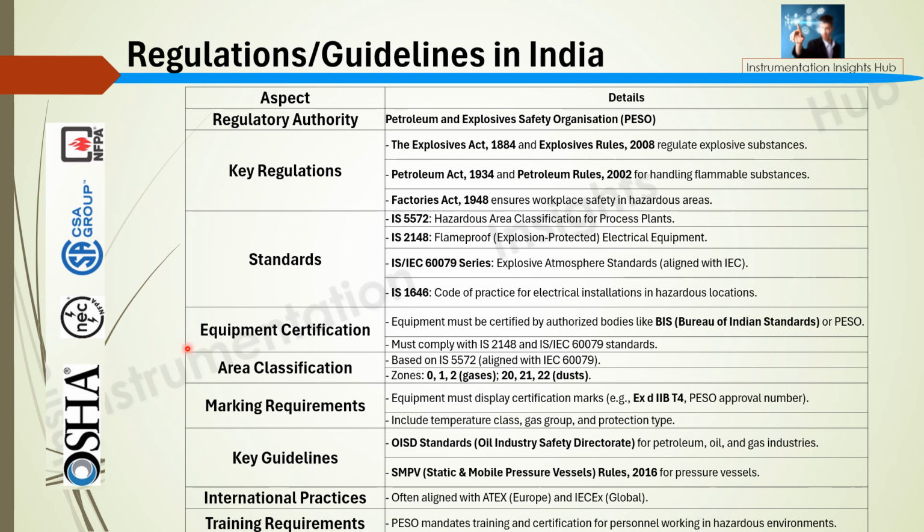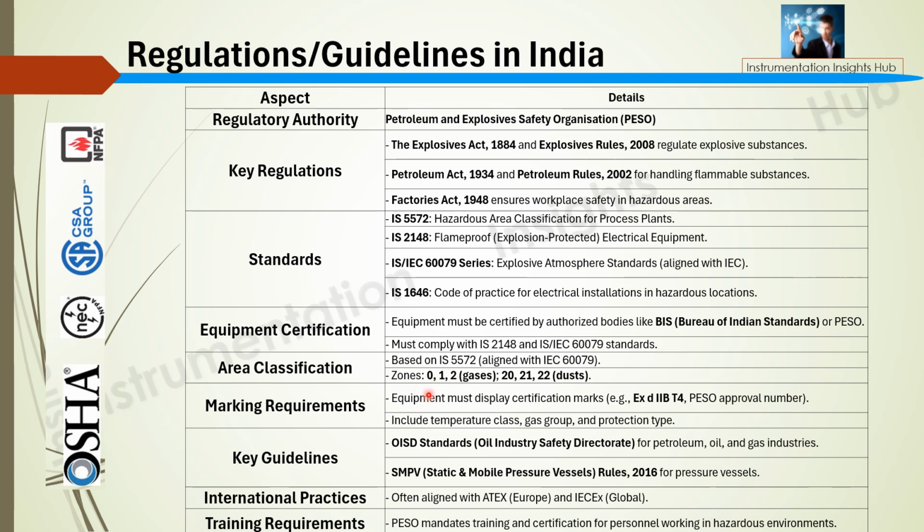Equipment certification: equipment must be certified by an authorized body like BIS, Bureau of Indian Standards, or PESO. PESO is, I see, the most widely used. Area classification is based on IS 5572, which is aligned with IEC 60079.